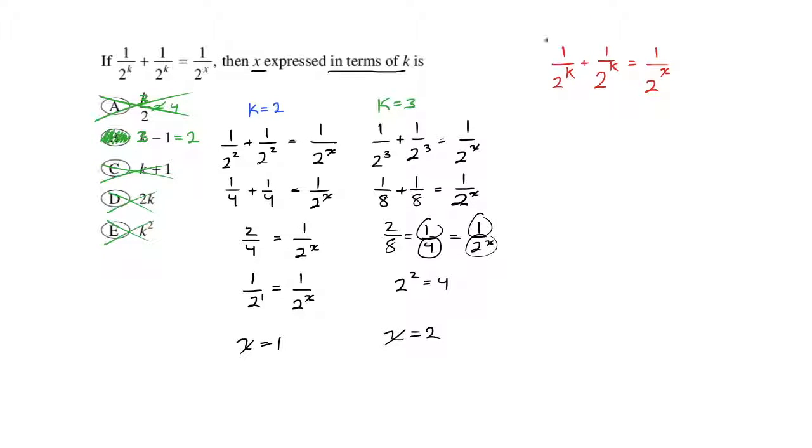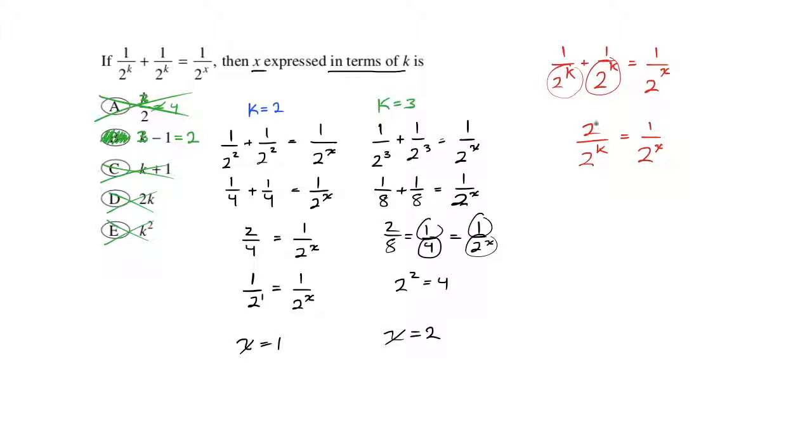What you notice about this situation is that it's kind of like adding fractions. The reality is that these are two fractions with the same denominators. Therefore, we can add them together, adding the tops, keeping the bottom the same. We have here 2 over 2 to the k power. So this is equal to 1 over 2 to the x power.